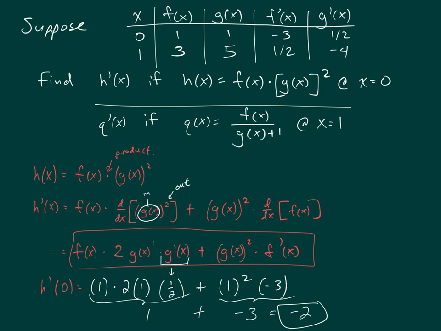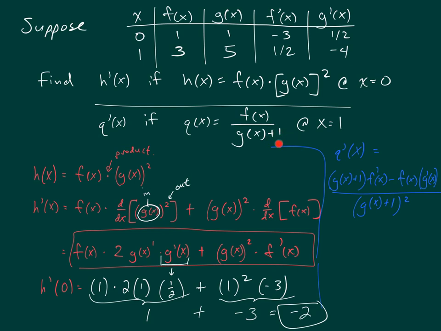We can do something similar here for q prime of x with this being the function, and I'm going to squeeze that in over here on the left side of the screen. So you would get this derivative here, g of x plus 1, that's the denominator, times the derivative of the numerator, f prime of x, minus f of x, the numerator, times the derivative of the denominator.